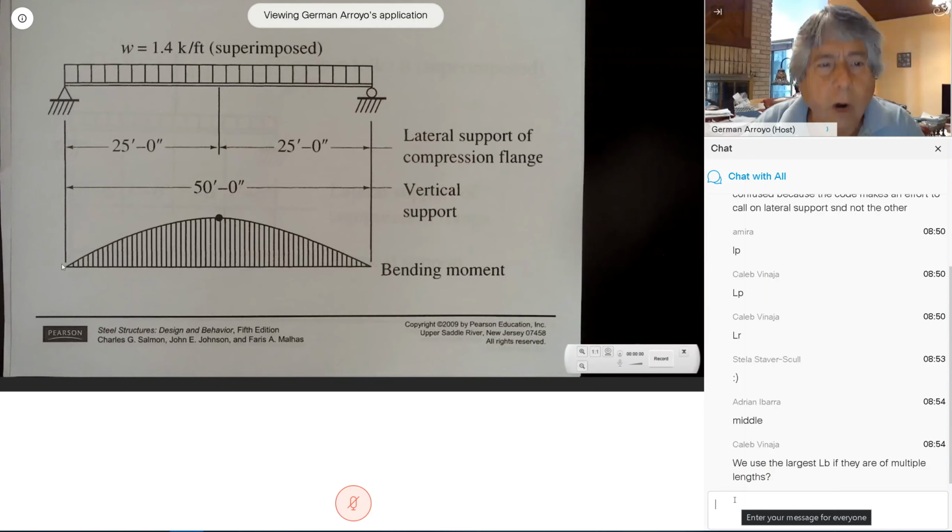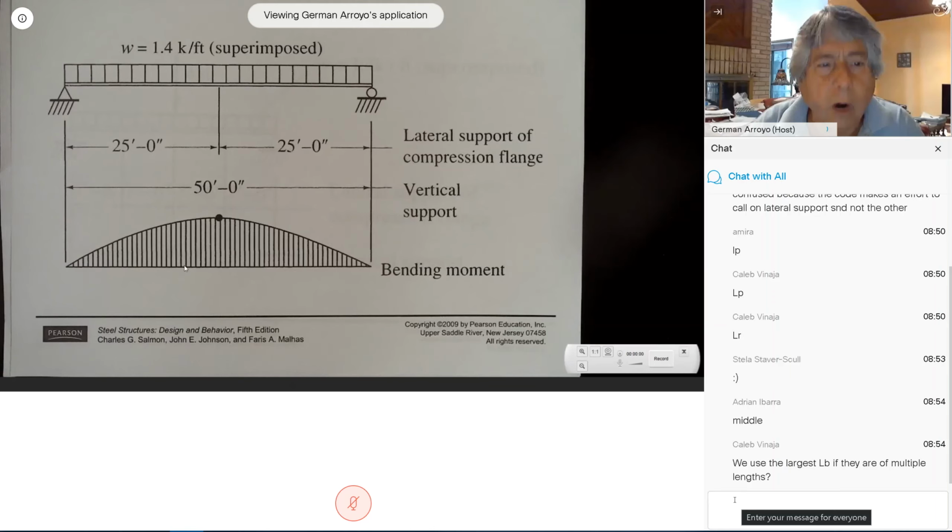So to do our design, this in here is going to be used, or because of symmetry, the right side. To compute C sub B, M sub A is at 1/4 of this embrace length, M sub B at 1/2, 50% of the embrace length, M sub C at 3/4.